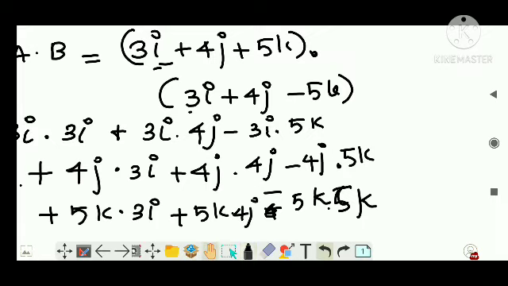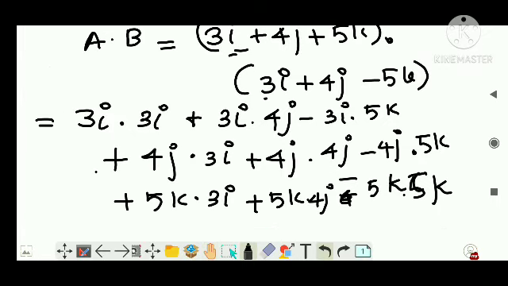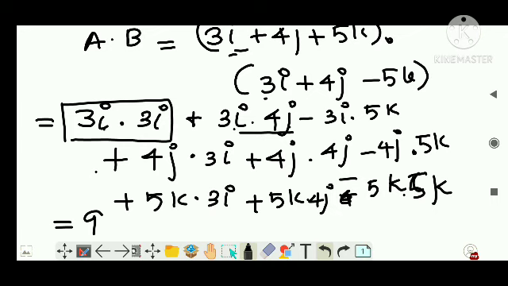Now see here, i dot i is 1, so you will get just 9. Now i dot j is 0, and i dot k is 0, so these two terms vanish. Similarly j dot i is 0. Similarly j dot j is 1, so I can write 4 into 4, that is 16.